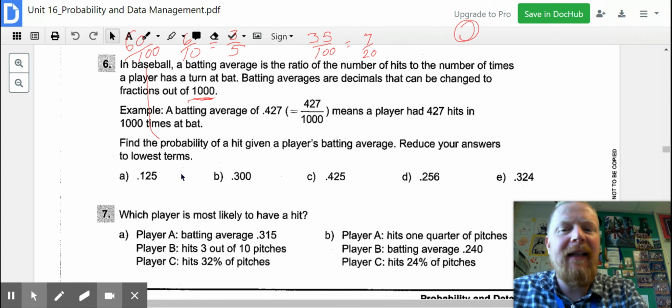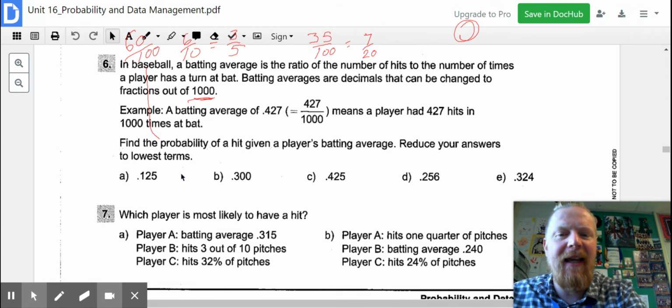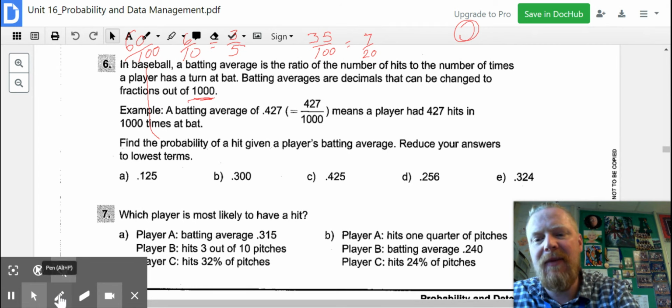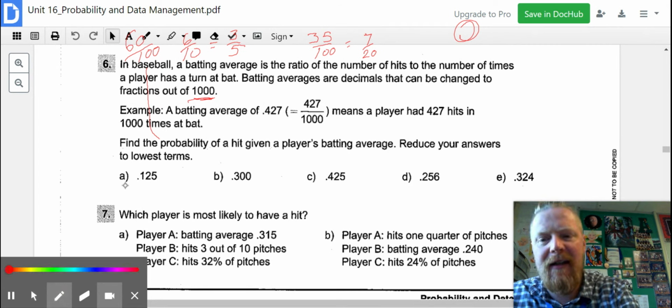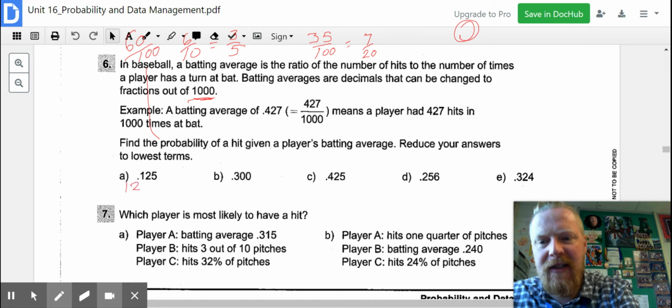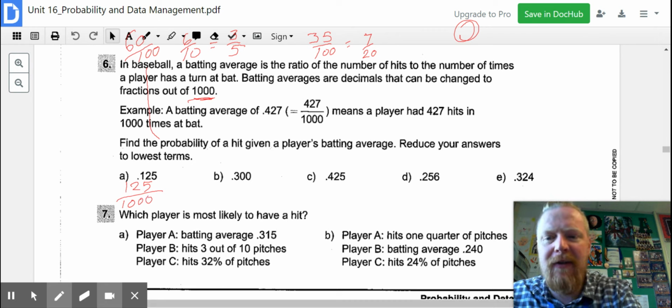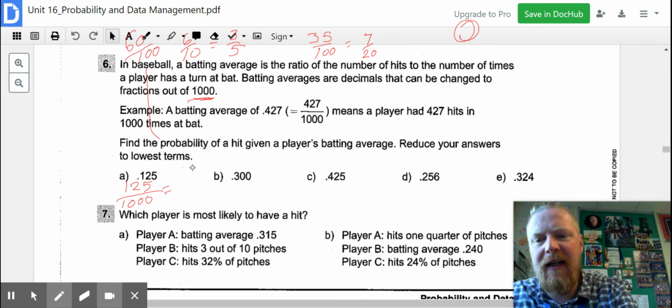Find the probability of a hit given a player's batting average. Reduce your answers to the lowest term. So our probability of a hit, remember batting average is out of 1,000 times at bat. 125 out of 1,000. We're going to reduce that one to divide by 25.